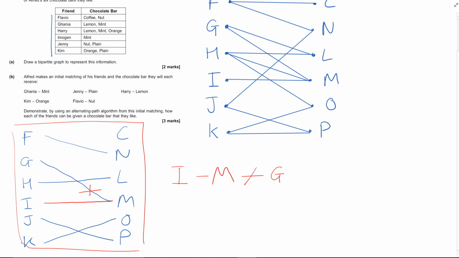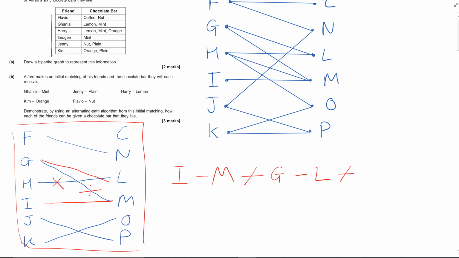Now we're going to match G with something. So we could take it back to M, but then that's just going to fail and that's not going to help us. So we're going to go G to L. So G then goes to L, and that means that H can't be matched with L anymore. So H is removed, and then Harry, well, he's not seemingly that fussy, but he doesn't want coffee. So we could go with mint, but we've already sorted mint out.